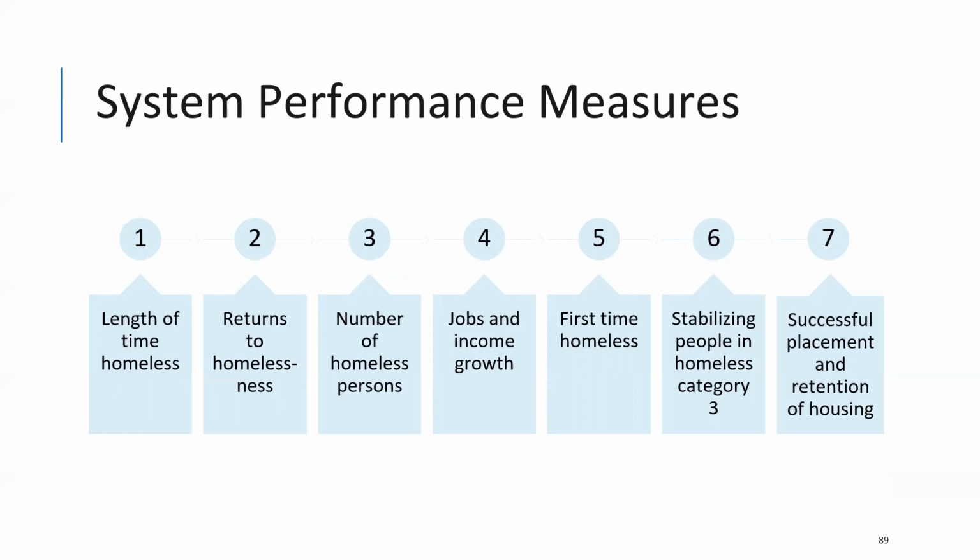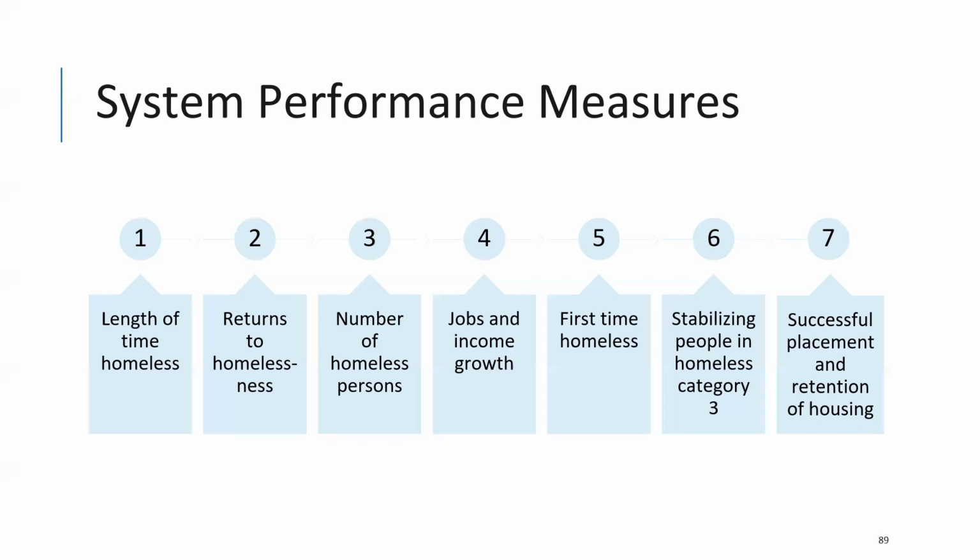The system performance measures are important because the CoC is supposed to be driving these in the right direction and making improvements on performance year over year. The SPMs are measured by using HUD data. So the data inputted by HMIS participating projects contributes to the CoC's outcomes. So many of the scoring criteria used by HUD to score the CoC application either directly or indirectly refer back to these system performance measures.